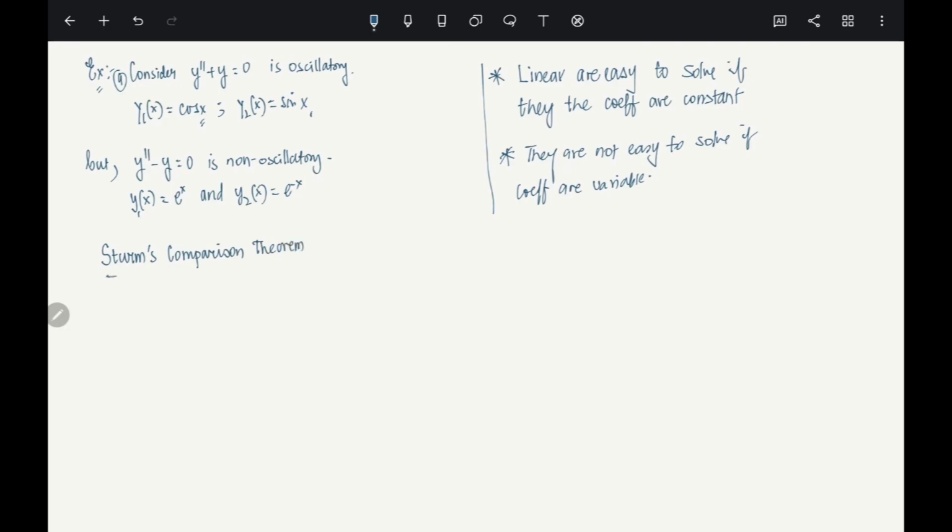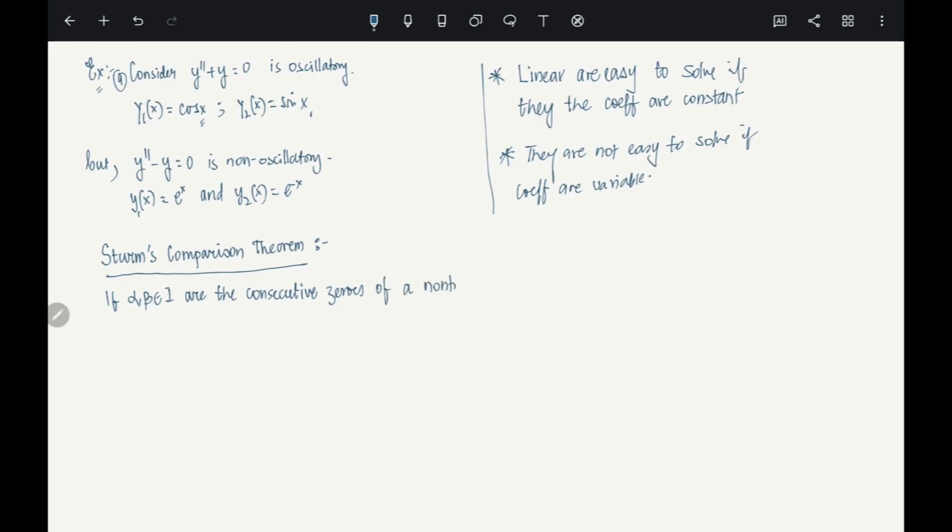Clear? So what does it do? It compares. Compares with what? We'll look at it now. Let's say alpha, beta in I, some interval I, and I can be R also, are consecutive zeros of a non-trivial solution.